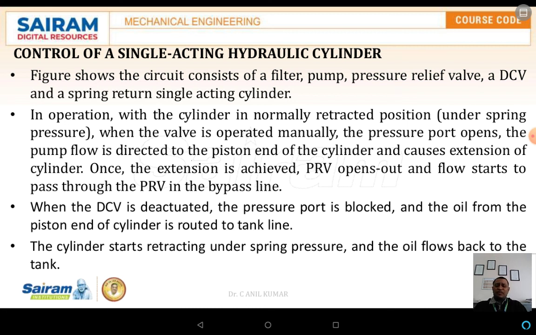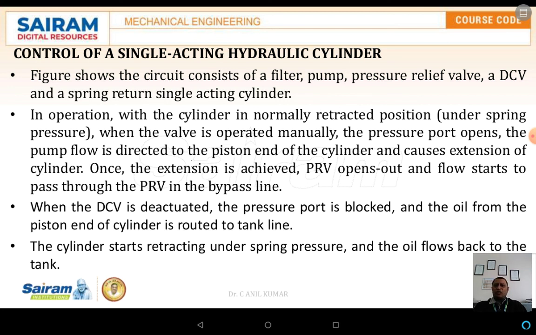In a circuit diagram, while explaining it, the piston end is also called the blank end, and the other end is the rod end. As the piston moves in the forward direction, from the piston end to the rod end, the fluid fills the cylinder. The retraction takes place by using the spring pressure only.